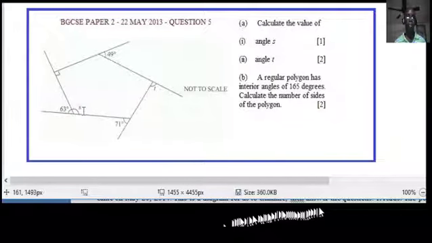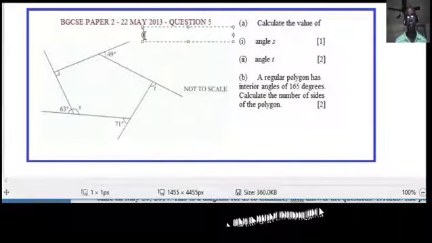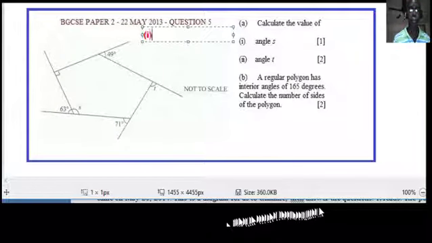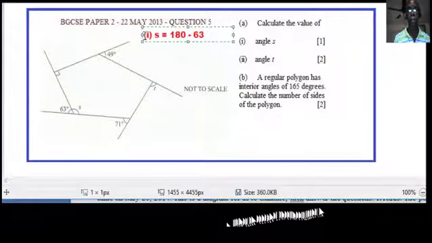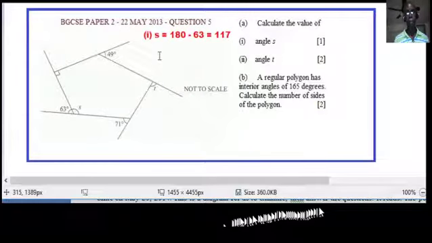So to get S you must subtract 63 degrees from 180 degrees. The result is 117 degrees.